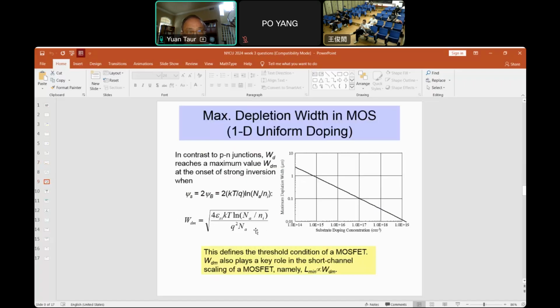This is all derived assuming depletion approximation, which is valid up to the inversion. Once you go beyond the inversion, it's no longer valid because now you have an inversion charge. But at the boundary, the inversion charge is still small, so you can still apply that.